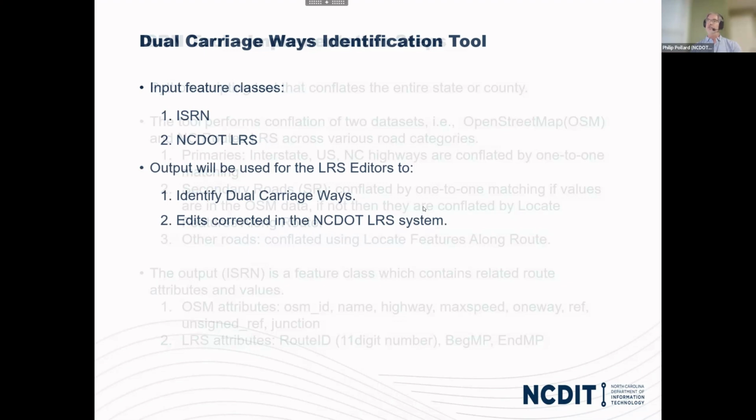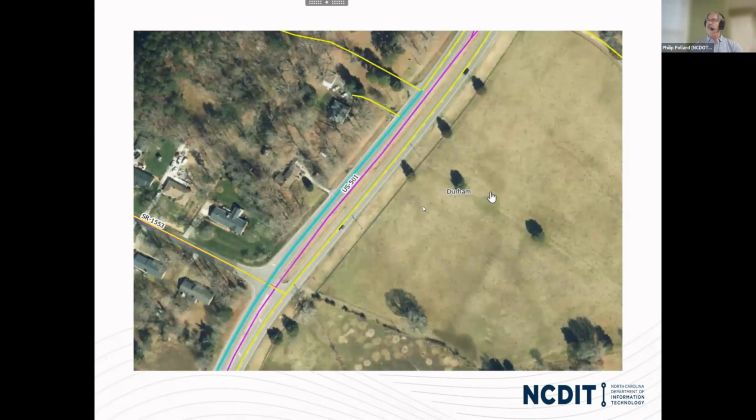And the output is identify dual carriageways and edits corrected in the NCDOT LRS system. So this is a picture that shows the median, and the purple is our LRS, which has a single road.